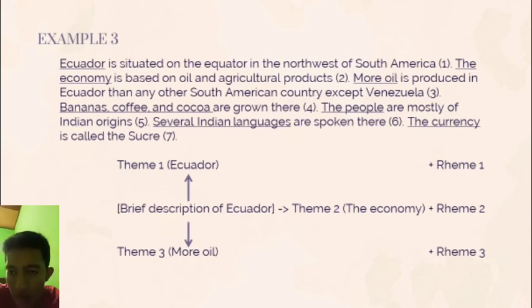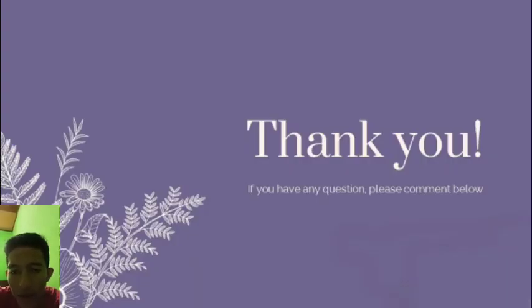Like that, it is the same with the sentences below. Bananas, coffee, and cocoa is theme 4 and are grown there is rheme 4. The people is theme 4 and are mostly of Indian origins is rheme 4. Several languages is theme 5 and are spoken there is rheme 5. I think that's all about my explanation. Thank you for your attention.